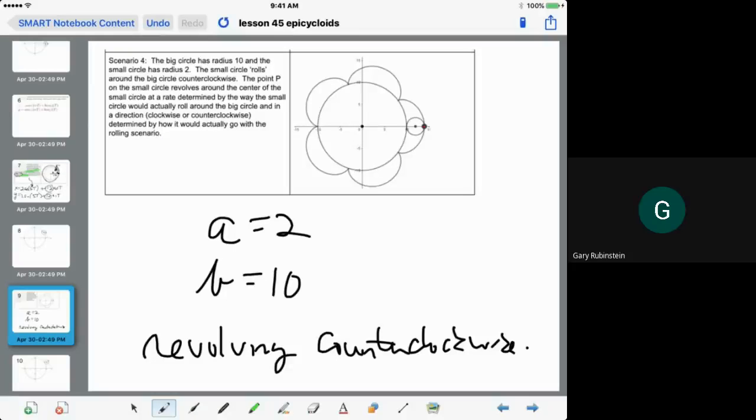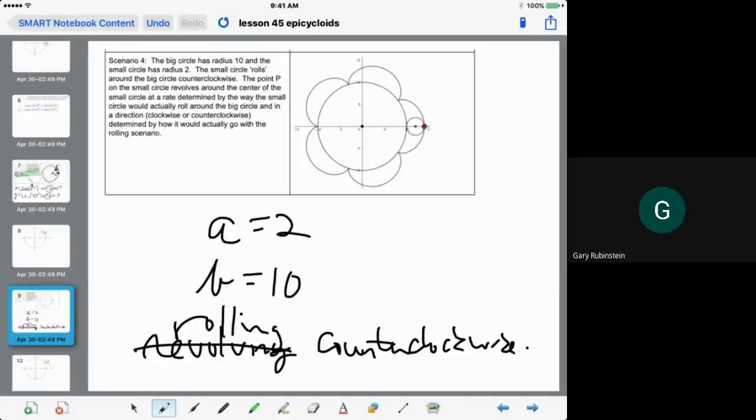Because when something is revolving counterclockwise, what about the point on the circle has no choice? It has to do something. What do you think that something is? If it's rolling counterclockwise, what has to be true about the point on the circle?